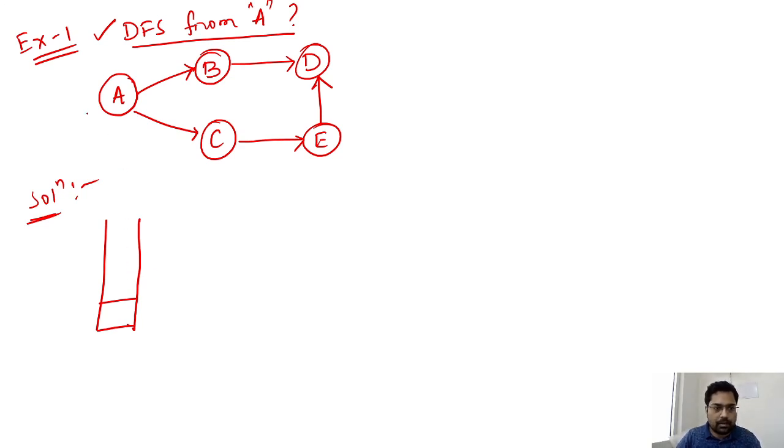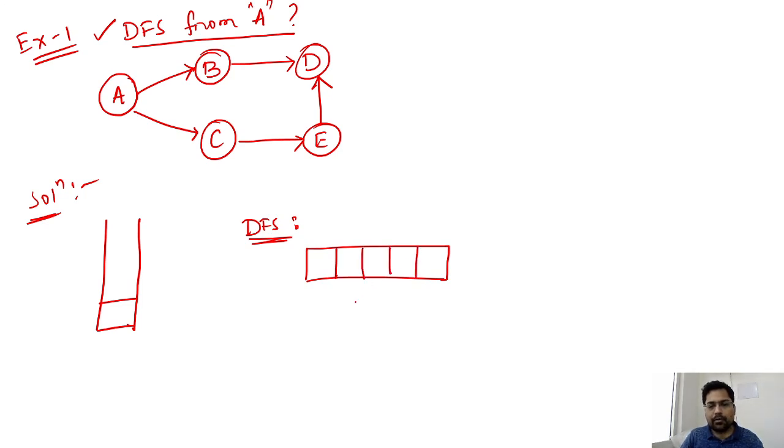Okay. Though we start here, you can write the result, or DFS, in array format. I'm keeping the answers in array format, or in brackets, not an issue. Okay. 1, 2, 3, 4, 5.